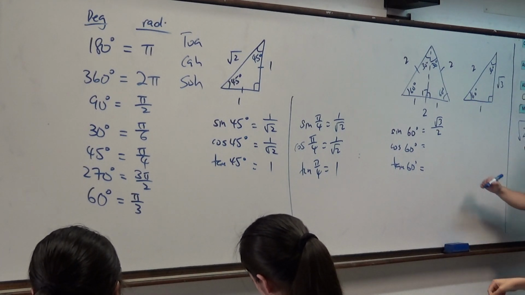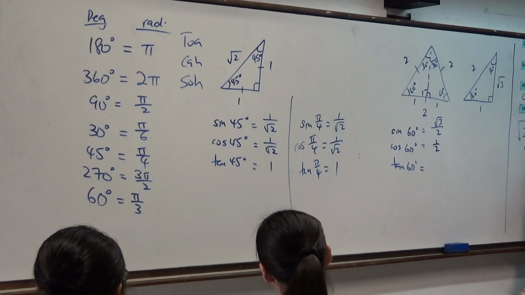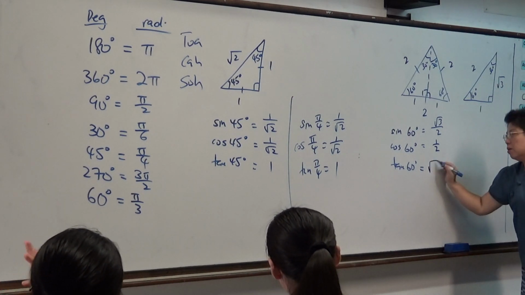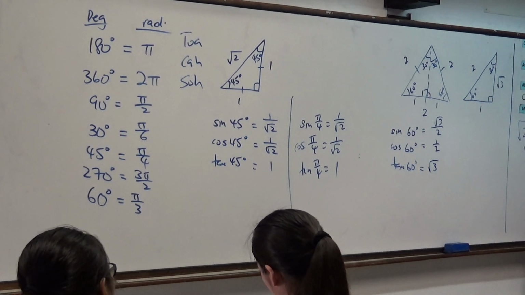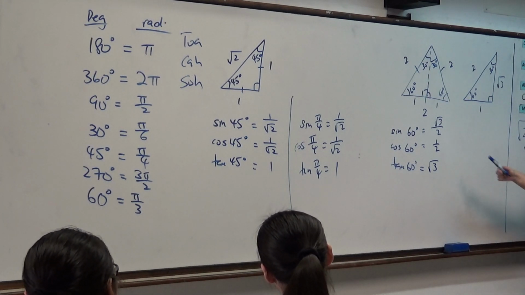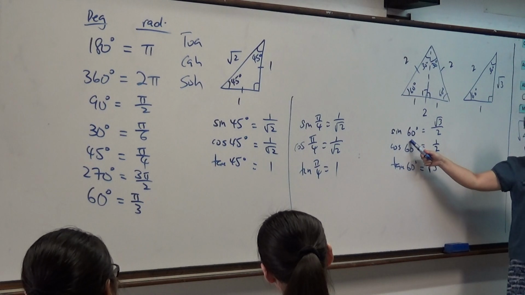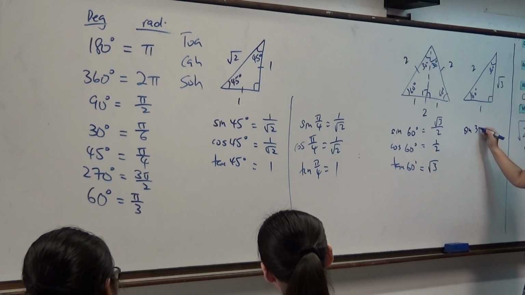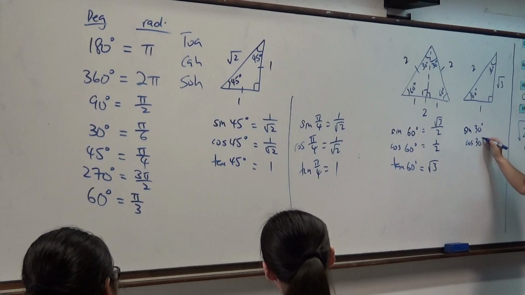Cosine is half, right? Yes. Tangent is root 3 over 1, which is just root 3, right? Now, if I want to write in radians form, this one will become pi over 3. Okay?